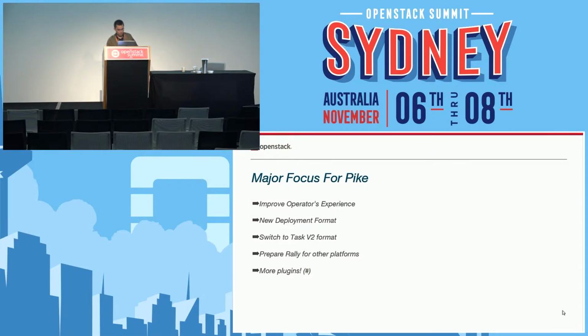We hope Relay could be used not only for OpenStack, but also for Kubernetes, Mesos, Docker. In addition, we added some new plugins, such as new scenarios and new contexts.